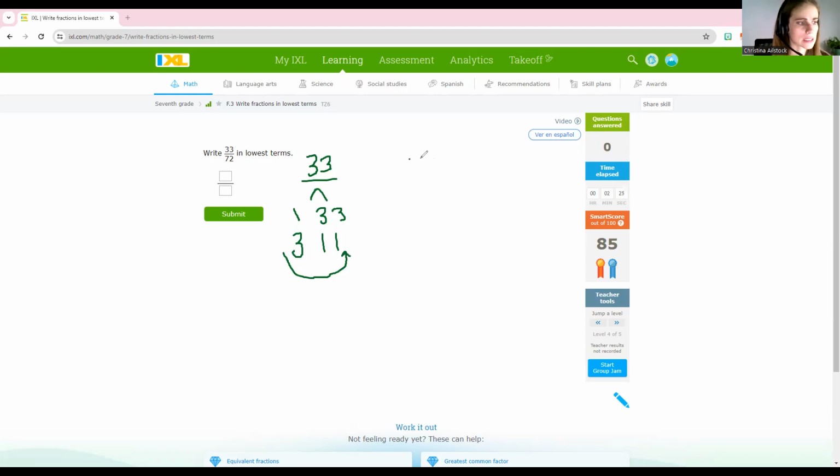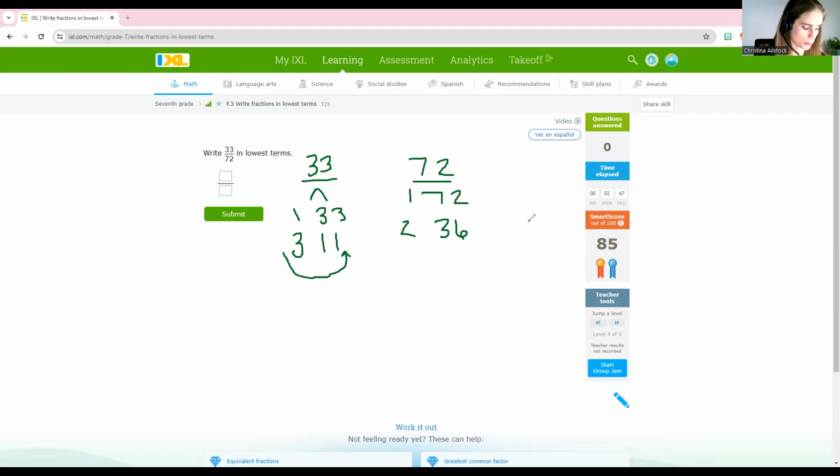So now I'm going to list my factors of 72. We have 1 and 72. Now it is an even number, so I know it's divisible by 2, so I'm going to start there. 72 divided by 2 is 36, so 2 and 36 work. I'm not sure if 3 works or not, so I'll use my calculator and say 72 divided by 3.